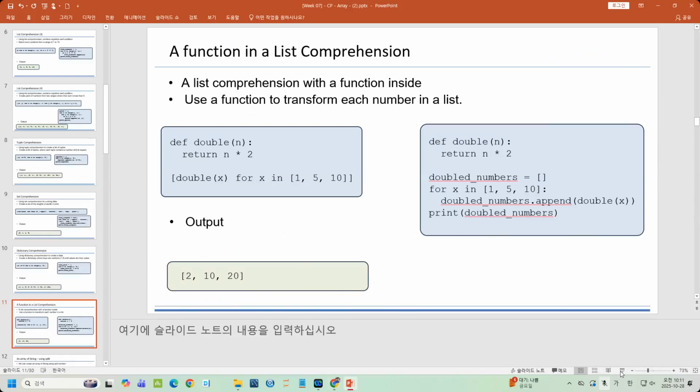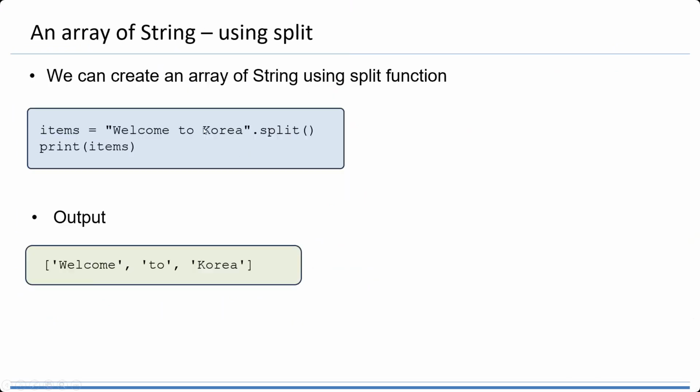Now, when you work with a string, I think last time we had one function, which is split. So let me revisit the split function. We can create an array of strings using the split function.